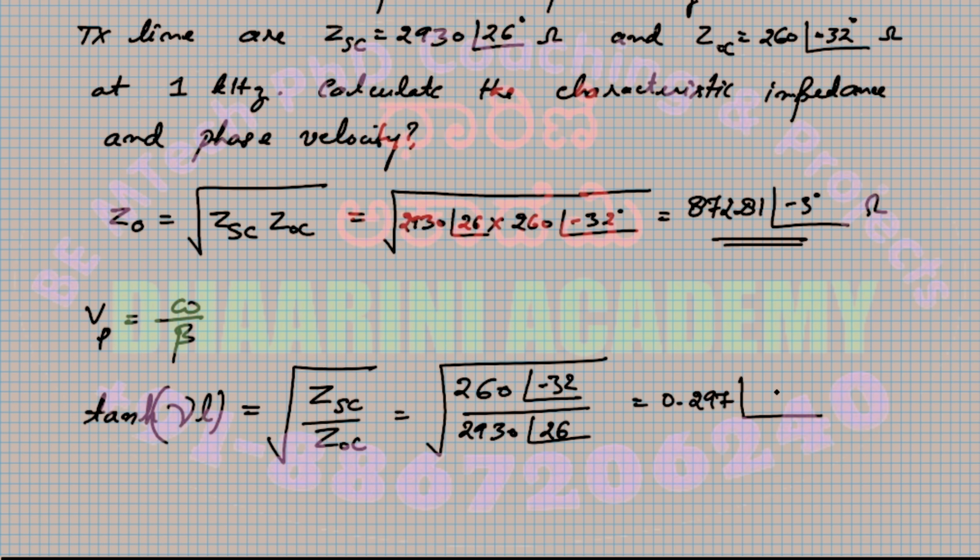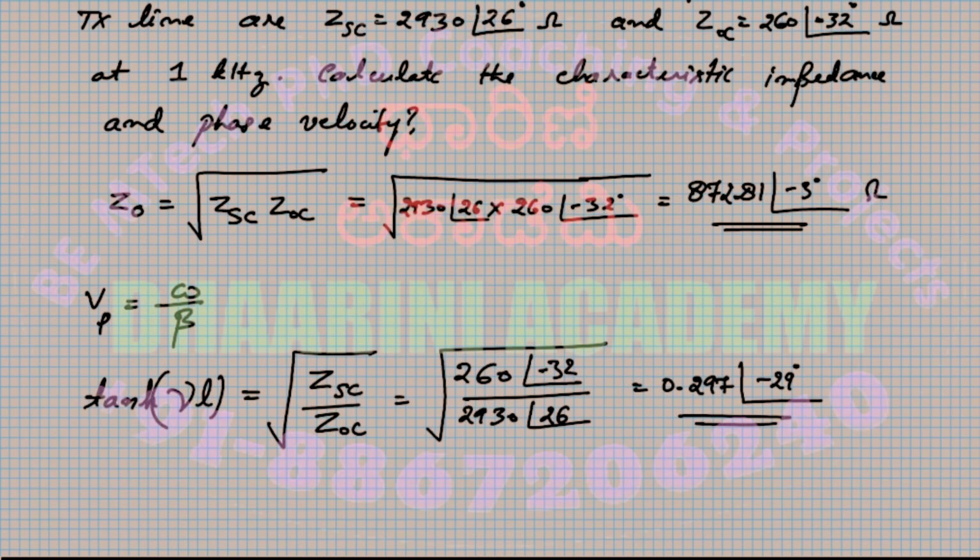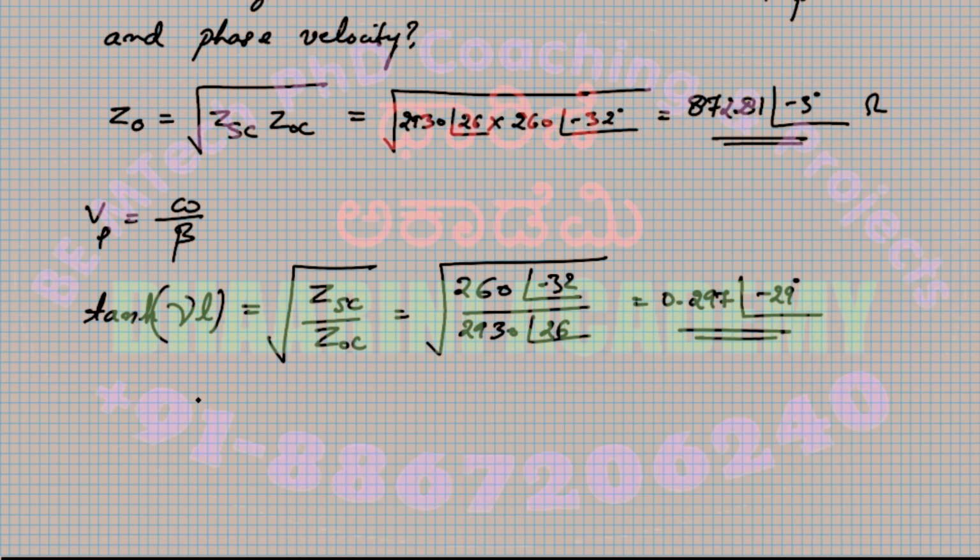Okay, this is minus 29. Right, this is tan h, but you see I need the gamma L first. So that is equal to tan hyperbolic inverse, tan h inverse of this number, whatever is given. Okay, so 0.297 at an angle minus 29 degree.